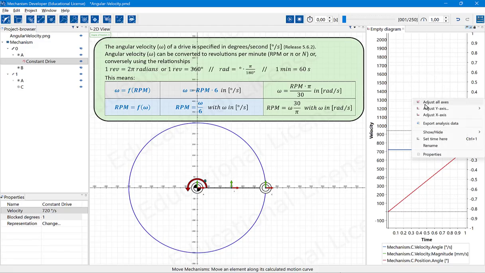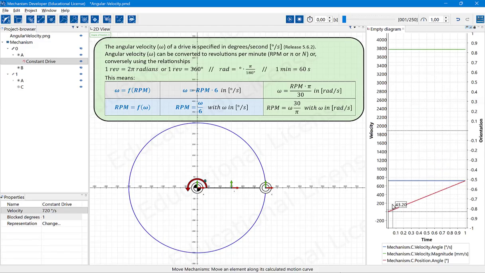I can adjust all axes, and I see now we have 720 degrees per second, and this is simulation time 1 second, and I see I have 1 revolution in the half second. I have also already 1 revolution because I raised the velocity.